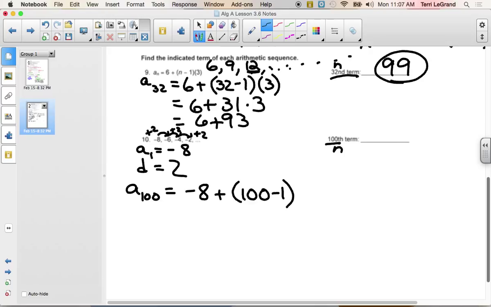We don't want to add that first term back in, it's already there. So 100 take away 1 times 2. There's our shortcut. Instead of having to add 2 99 times, we're going to shortcut it. So we have negative 8 plus 99 times 2.